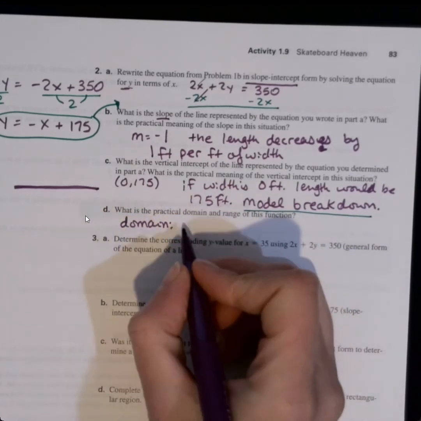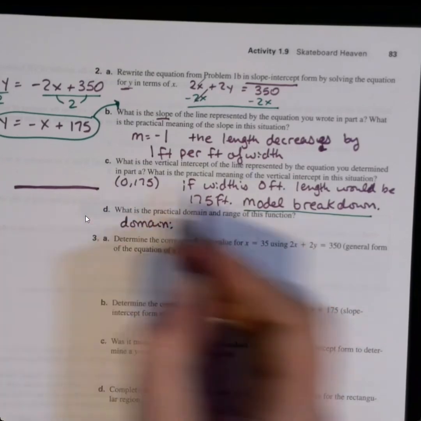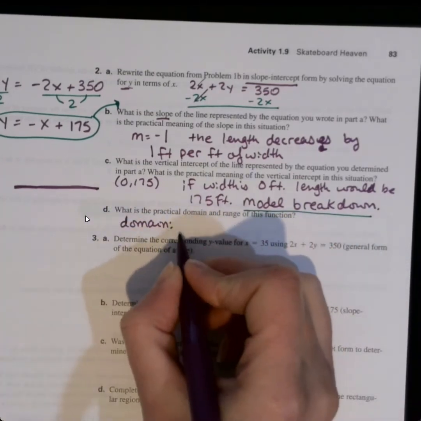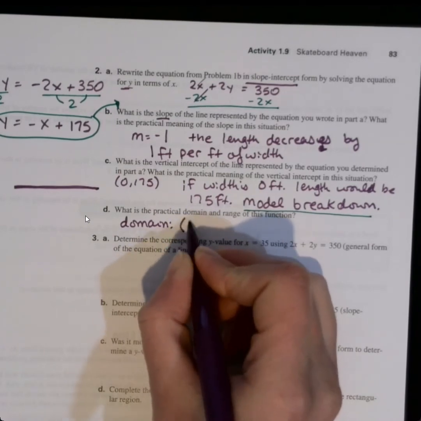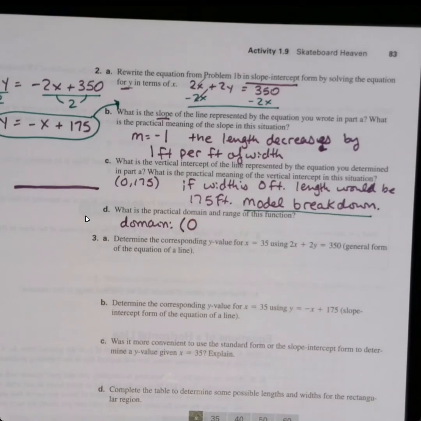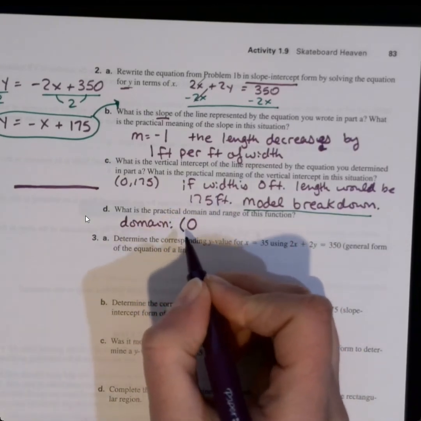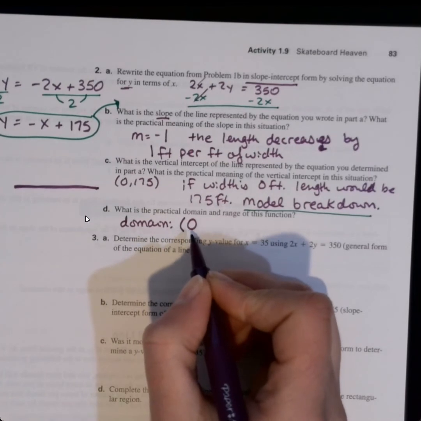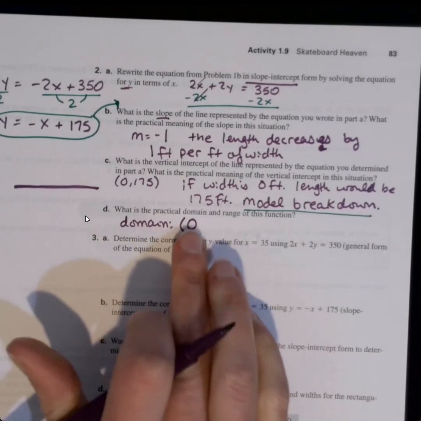But I can't actually have 0 either, because the model breaks down when it is 0. So I'm not going to bracket this. We're going to parenthesize this 0, because we want it to be just bigger. The parenthesis means I don't include 0 itself, but I could include values that are just a little bit larger. I'm going to modify this again in a second.